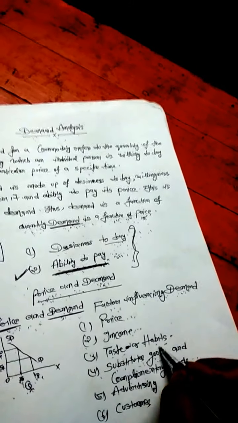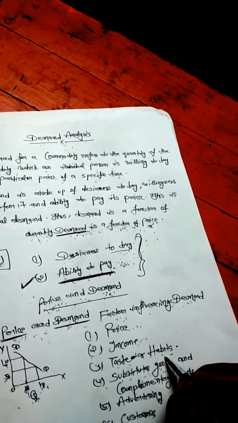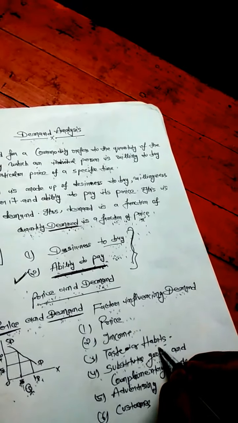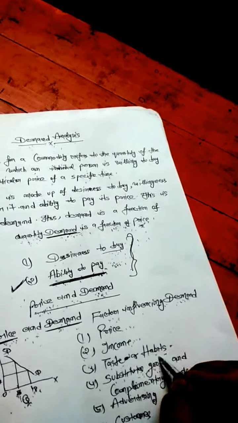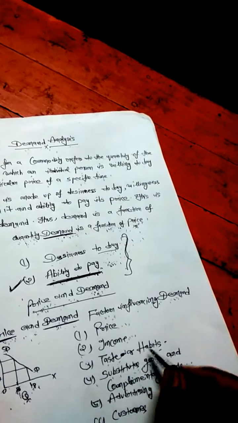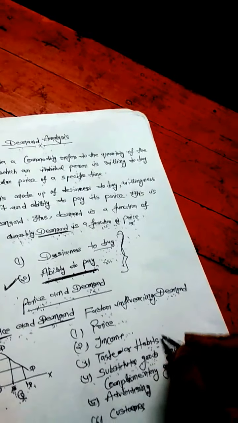Next are taste and habits. If a person is habituated to buying a commodity, it doesn't matter whether its price rises or falls, because that person is used to buying it.